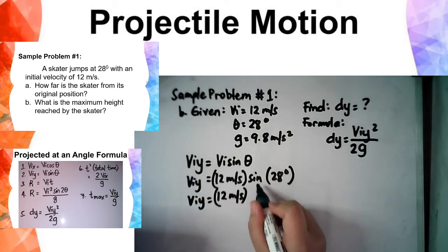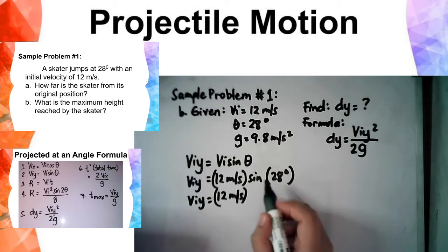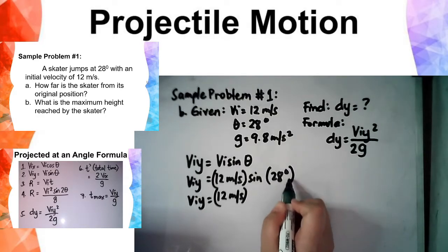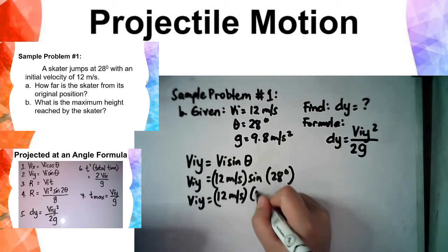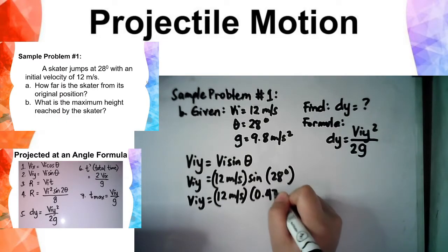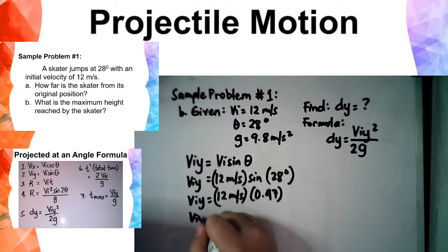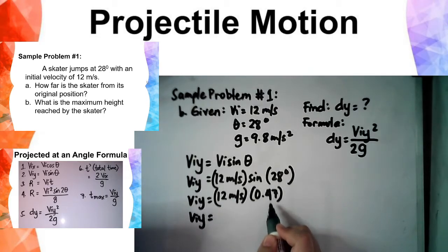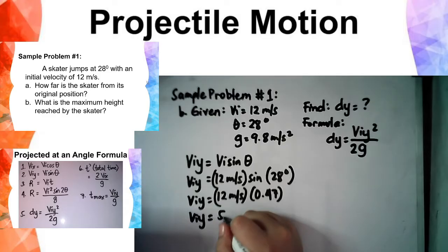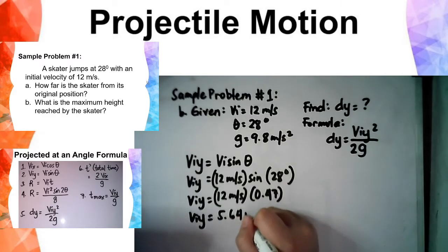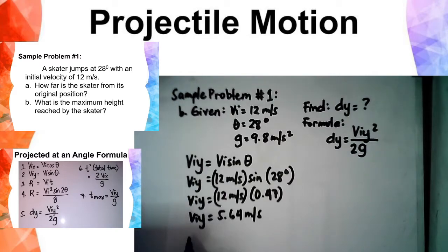Okay. Tapos, pindutin nyo muna sa calculator yung sine 28 degrees or sine 28. And then you will get 0.47. Okay. Now, you need to multiply 12 times 0.47, you will get 5.64 meter per second. So this is our viy.